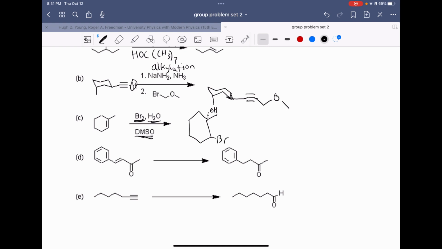I think I explained this later, but this OH group right here goes into the more substituted carbon, because whenever you're forming bonds, you form a slight positive charge on this carbon right here, and that basically becomes a carbocation.